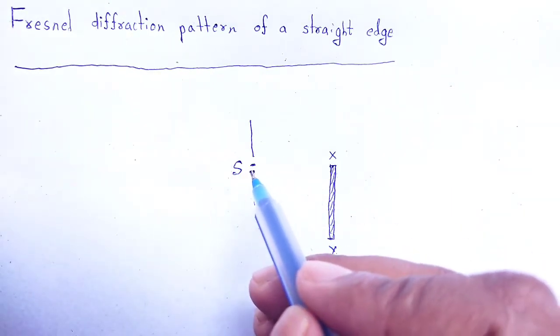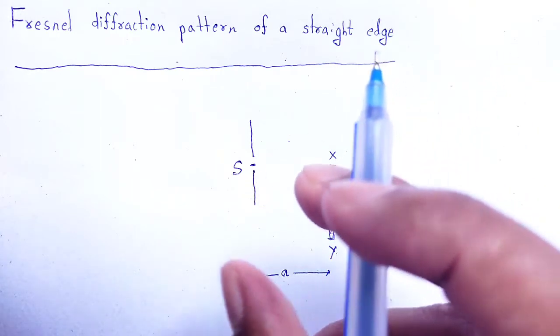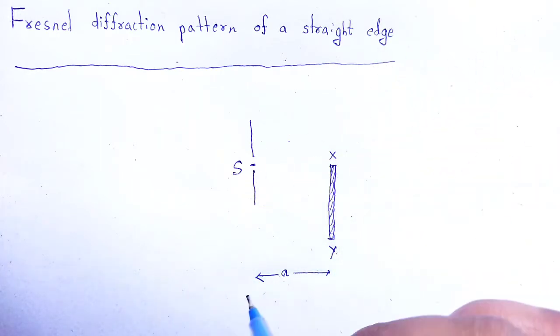S is a monochromatic light source having wavelength lambda.